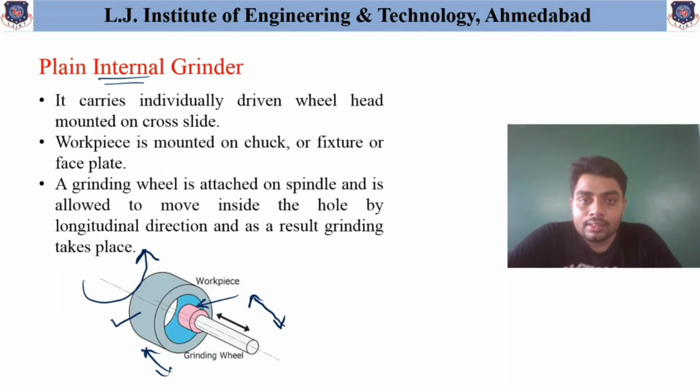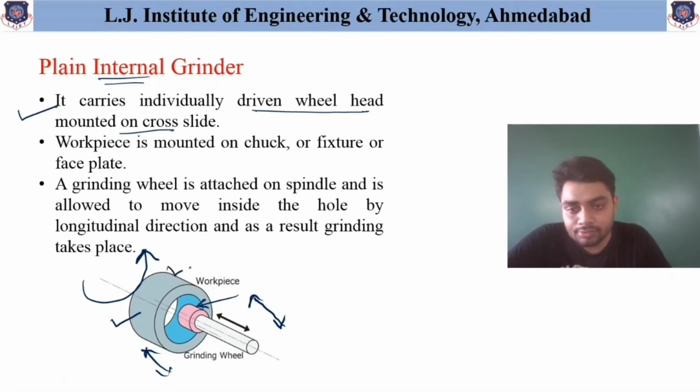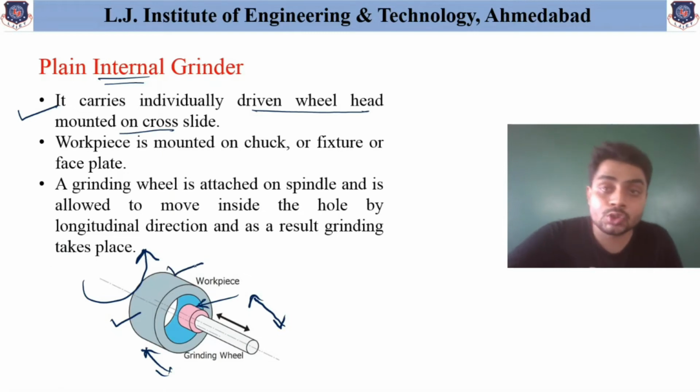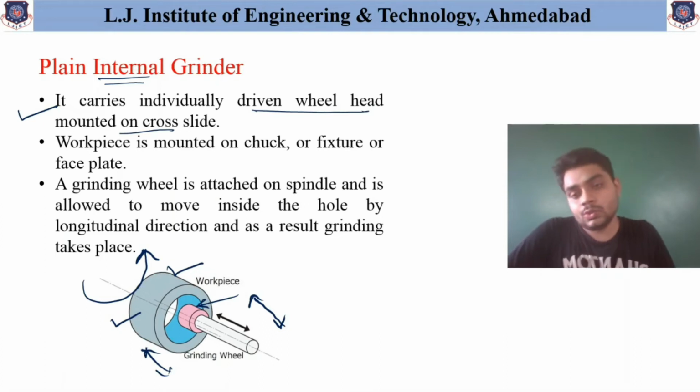As you can see from here, the first point is that it carries an individually driven wheel head mounted on the cross slide. Second, the workpiece is mounted on the chuck, fixture or faceplate. That means the workpiece is provided on the headstock that we discussed in the case of the plain cylindrical machine also.